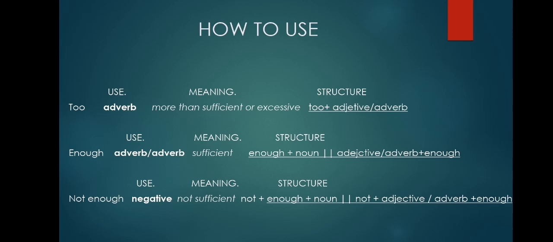Enough, adverb. Sufficient, the meaning. Structure: enough plus noun, adjective plus adverb, and enough. Then we use not enough, negative, meaning non-sufficient, and the structure is not enough plus noun, not plus adjective, adverb plus enough.